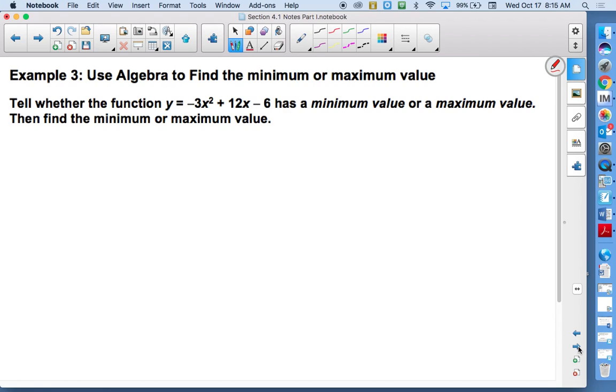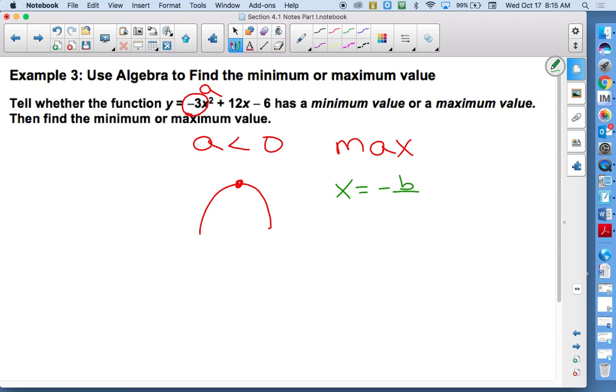Gavin, why? You're exactly right. So a is -3, which is less than 0. So this is a maximum function. So the a is negative, it goes down, creating a max. You find that max then by using -b divided by 2a, because that's the vertex.